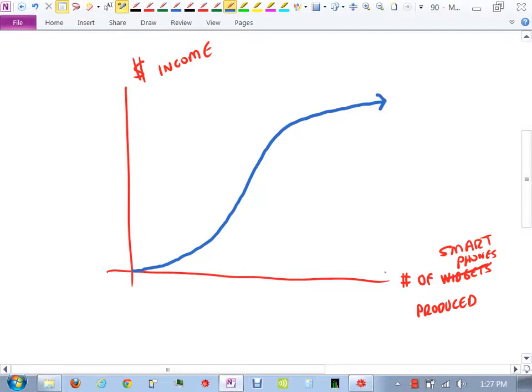Would you agree that the more cell phones I make, the more money I make? I'm always making money the more I produce? Do you agree with that? If I only produce this many, then I'm only going to make that much money. If I produce this many, I'll make more, right?